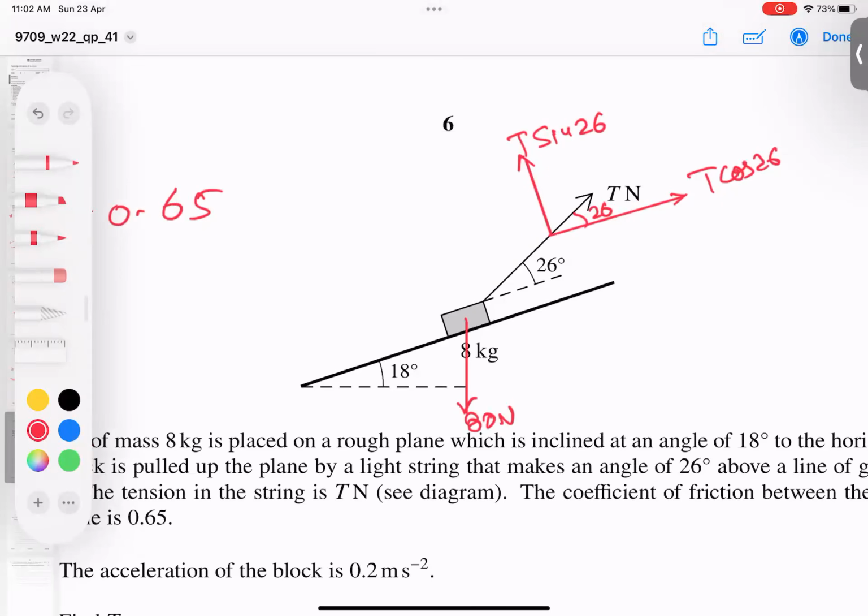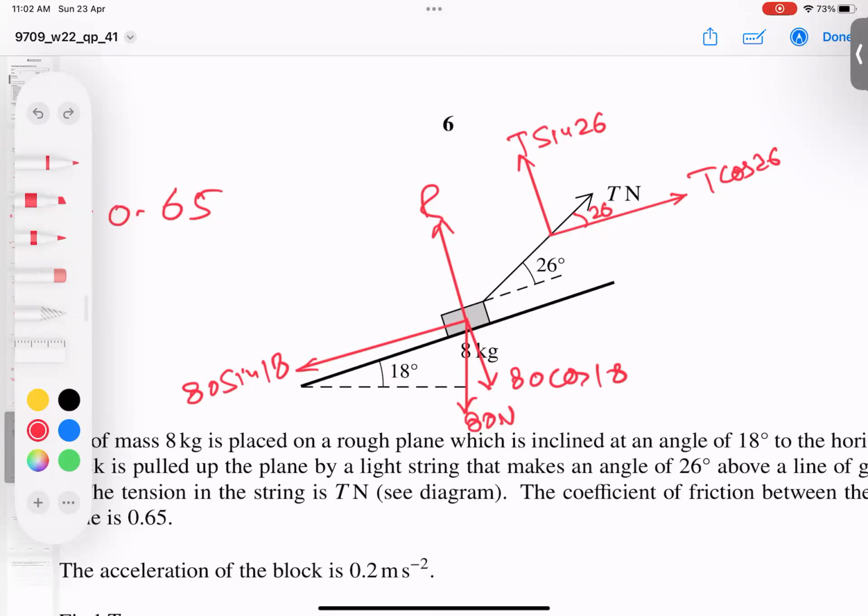Then there is one force acting upwards and one force acting downwards, like this. The upward one is always called R, and the downward one is here, 80 cos 18, and the weight component acting down the slope is 80 sin 18.